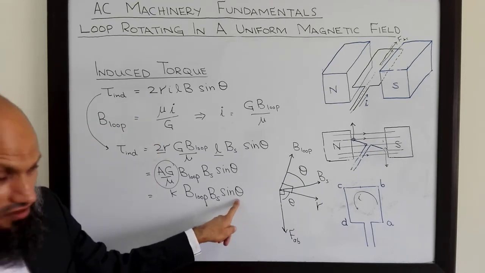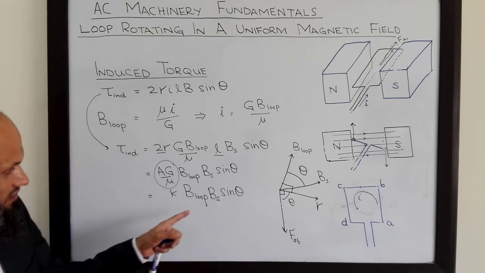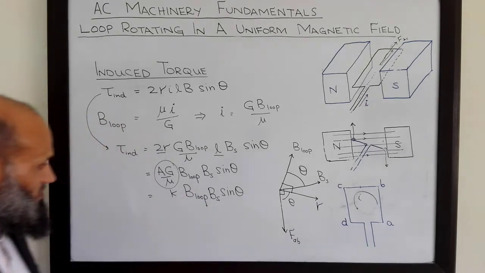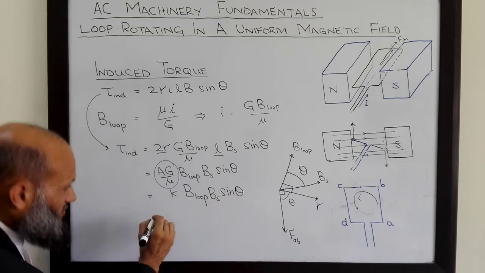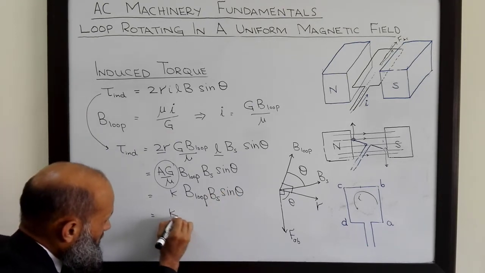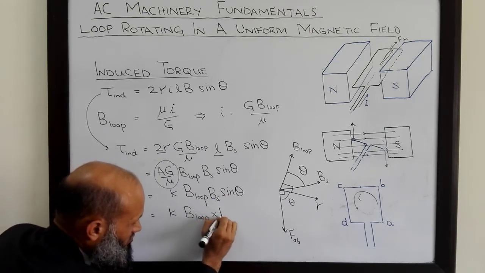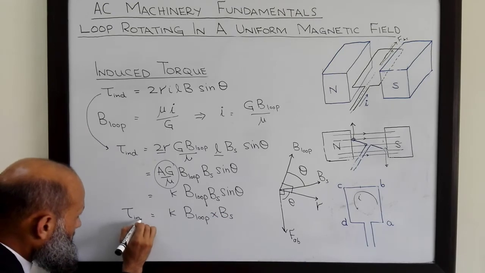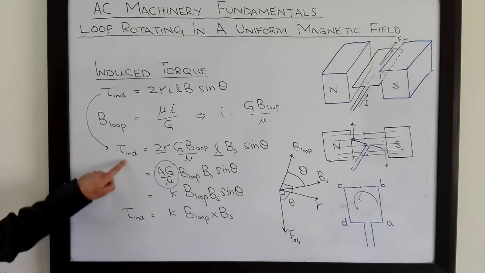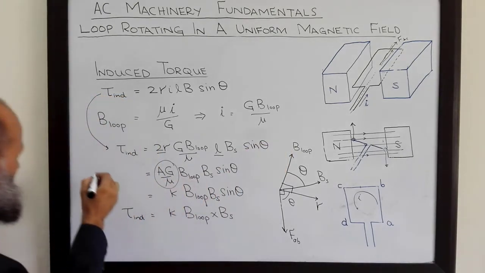So theta over here, which is originally the angle between these two vectors, is also angle between these two vectors. Therefore, B loop B S sine theta is nothing but the cross product of these two vectors, B loop cross B S. So torque induced, this vector, induced torque vector, the direction of this vector was clockwise.